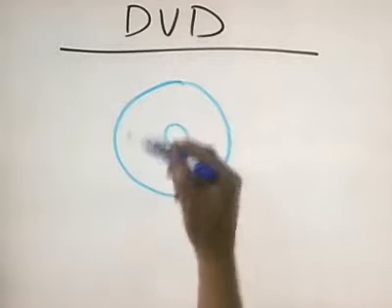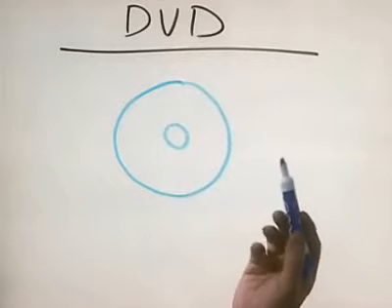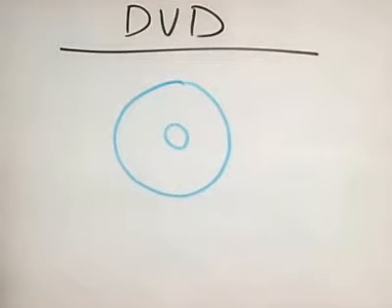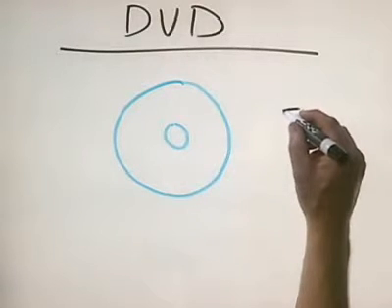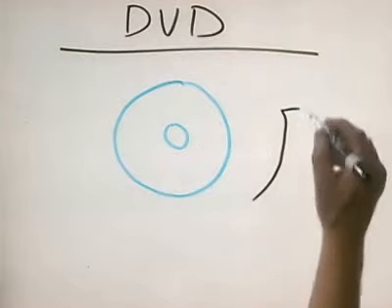A DVD disc, if you look at it, has pretty much the same physical dimensions as a CD-ROM. So that begs the question, how do you get a lot more data on a DVD as compared to a CD? Well, if you were to look really closely at a CD and look how wide the track is that's written on the bottom of the disc, it would look something like this.